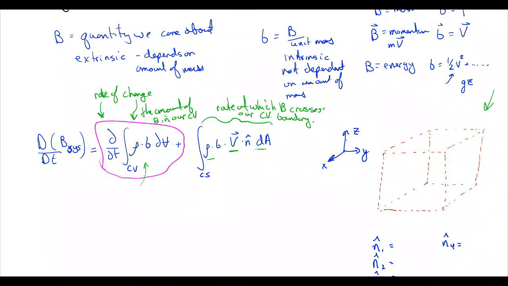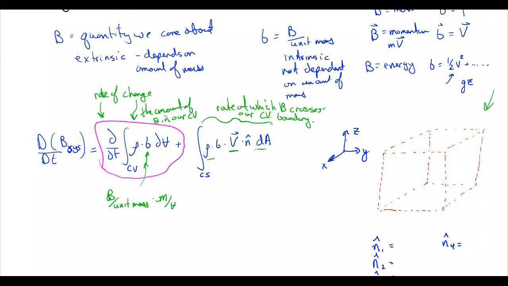So remember, this lowercase b here is capital B per unit mass, which if we multiply by a mass per volume, the mass cancels out, so we get a B per volume.